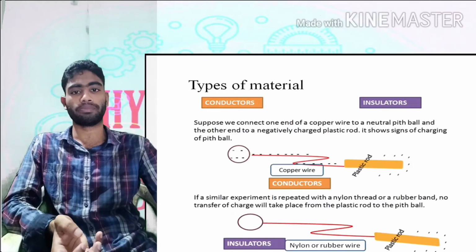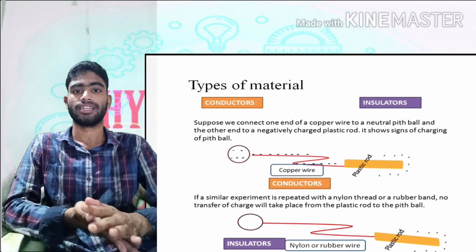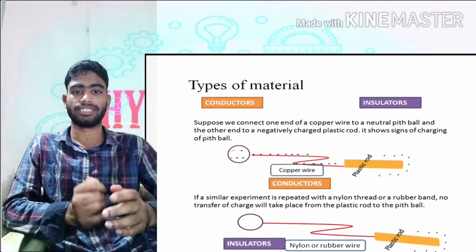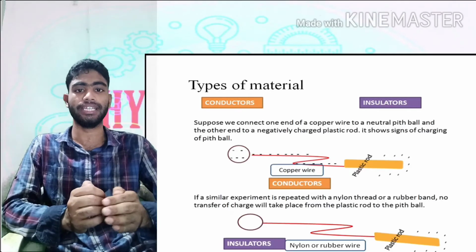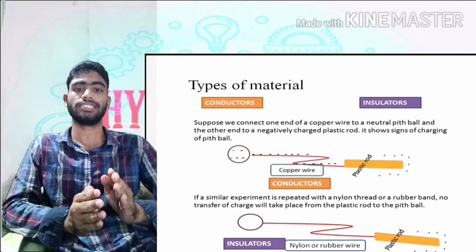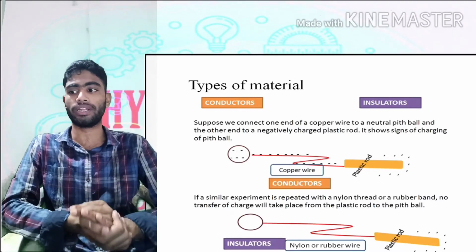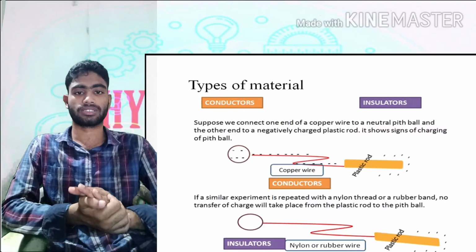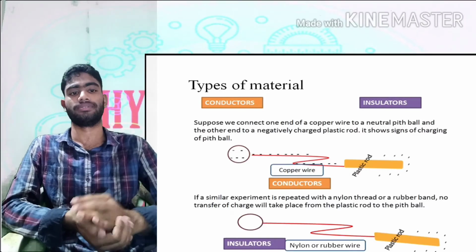So from these two basic experiments, we can say that a conductor is a material which has the ability to transfer charge. We simply say it is a conductor. Otherwise, a material which does not have any ability to transfer charge, we say it is an insulator.